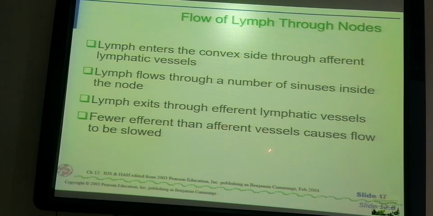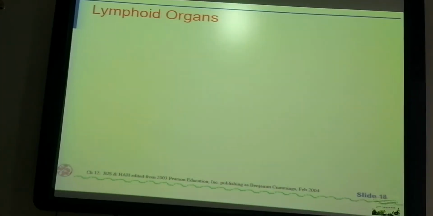We mentioned why it needs to be slow: in order to fight any abnormal cells or any bacteria or any foreign body or antigen that passes through the lymphatic fluid to the lymph node.